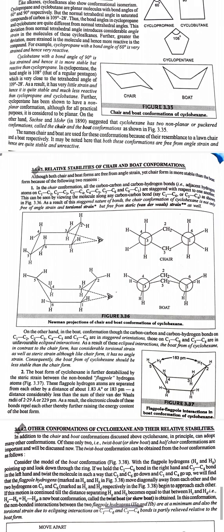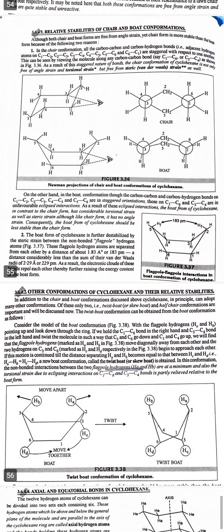In the chair conformation, the carbon-carbon and carbon-hydrogen bonds on adjacent atoms are staggered with respect to one another. On the other hand, in the boat conformation, though some carbon-carbon and carbon-hydrogen bonds have a staggered orientation, others are in unfavorable eclipsed interaction. As a result of these eclipsed interactions, the boat form of cyclohexane, in contrast to the chair form, has torsional strain as well as steric strain, although like the chair form, it has no angle strain.